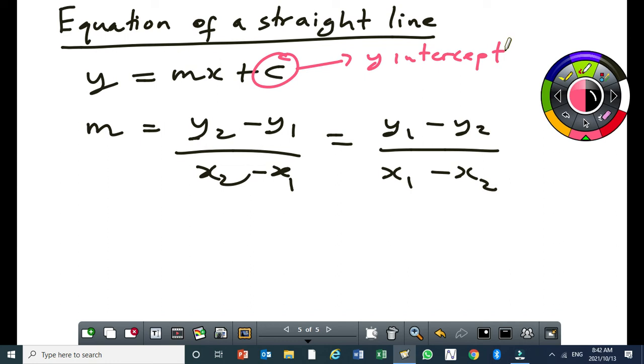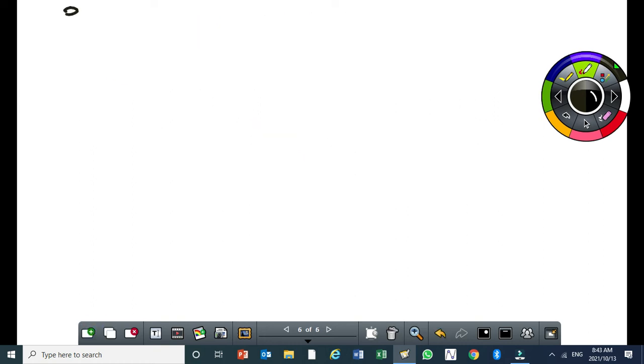Right. Then let's move on to parallel lines. I've done that already under functions, but I have to do more like a recap here. Everything you need to know about straight lines applies here.